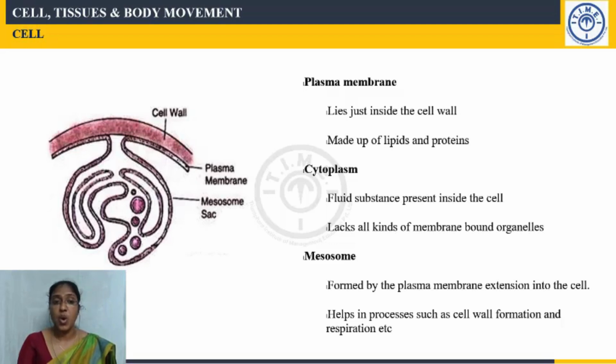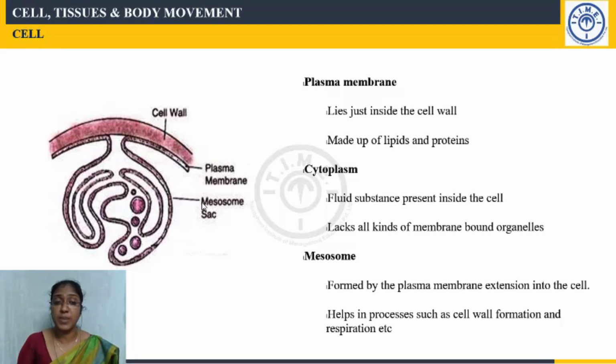Here you can see this is the cell wall. Inner to it, the plasma membrane is present, and the plasma membrane has some extensions, invaginations or inward extensions into the cytoplasm, and they are known as mesosomes or mesosome sacs. What is their function? They help in the process of cell wall formation, and they also increase the surface area of the cell membrane, where respiration takes place.